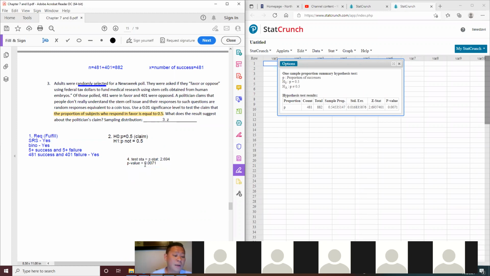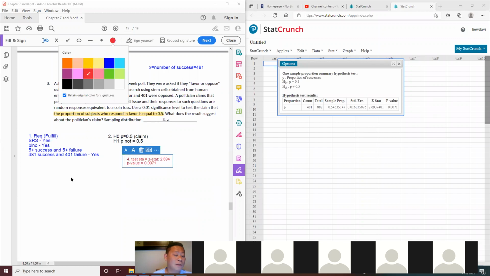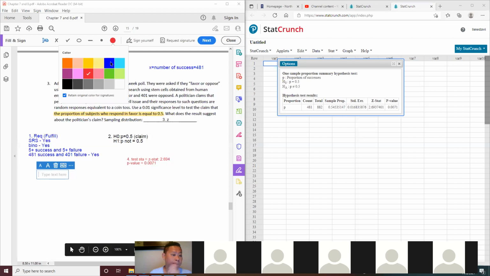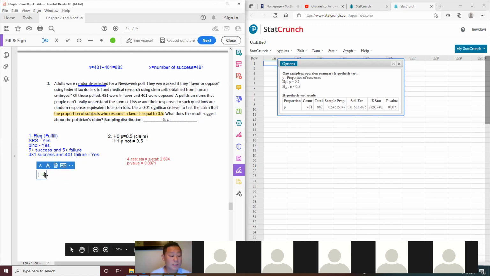Now step number 5 is your decision. Anyone know how to make your decision in this case? You're looking at your p-value and your alpha.